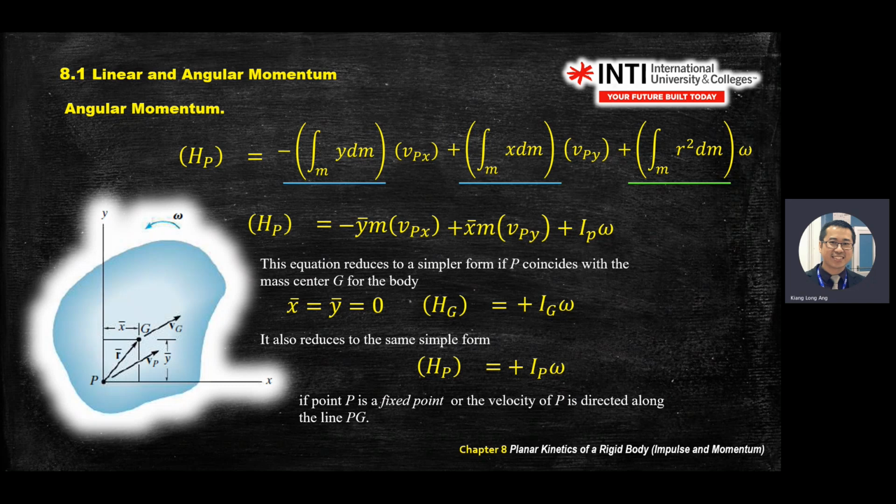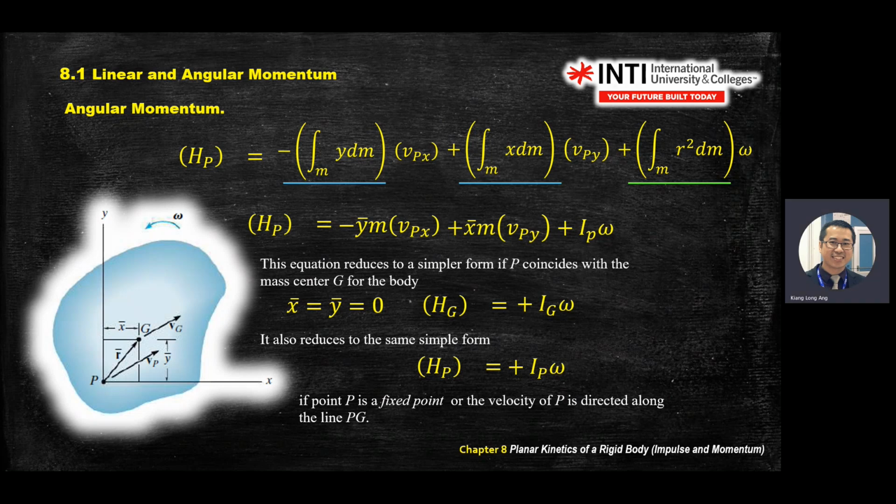Sometimes you focus on G, sometimes you focus on an external point that is outside G. For chapter 8, when your interest point is aligned with the G point here, then you can eliminate all the derivation steps and arrive at this one: H equals I omega.